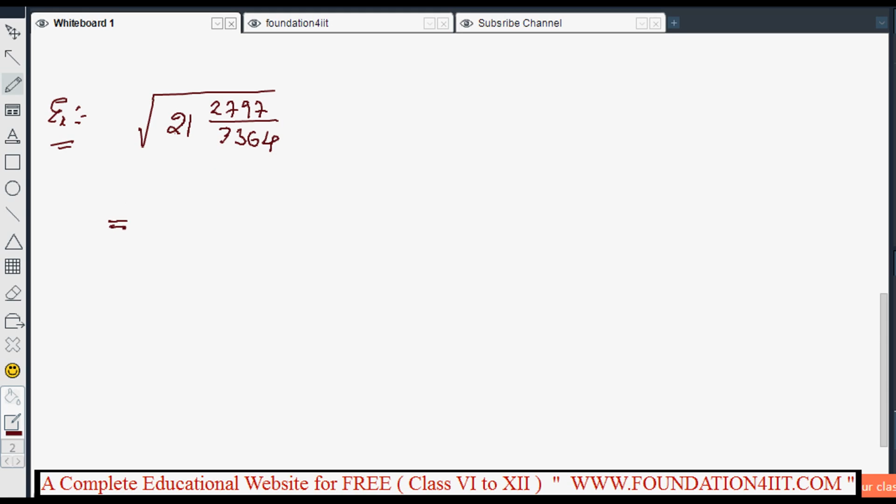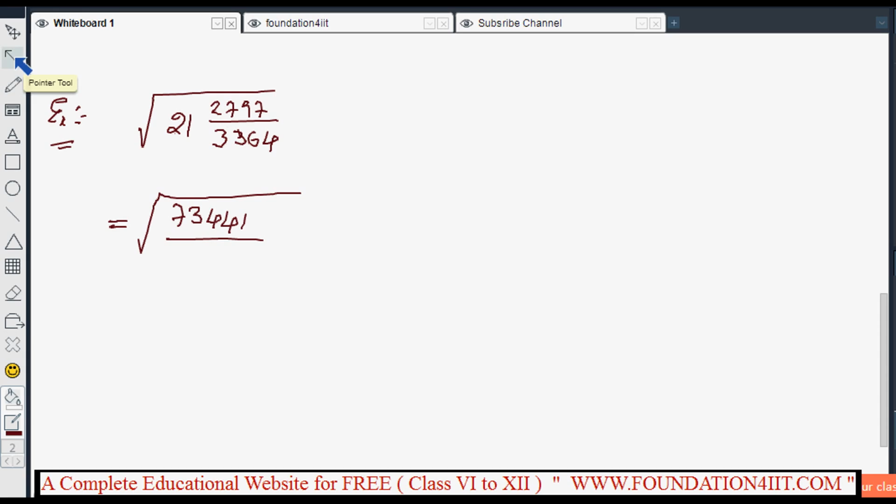To evaluate this, first the mixed fraction will be converted into an improper fraction. If you convert this, you get 73,441 by 3364.